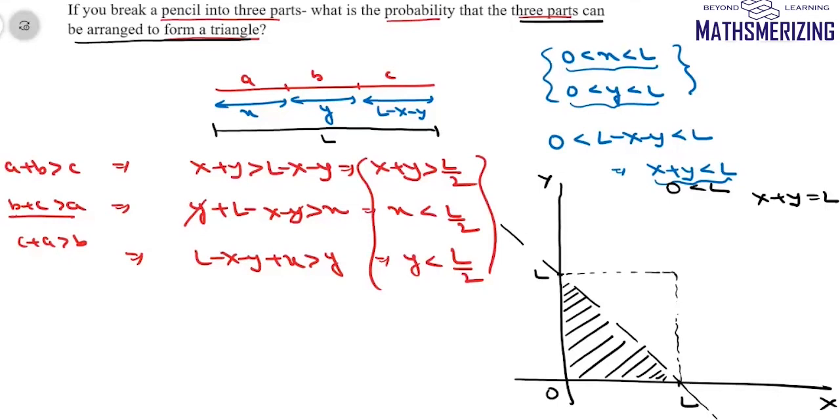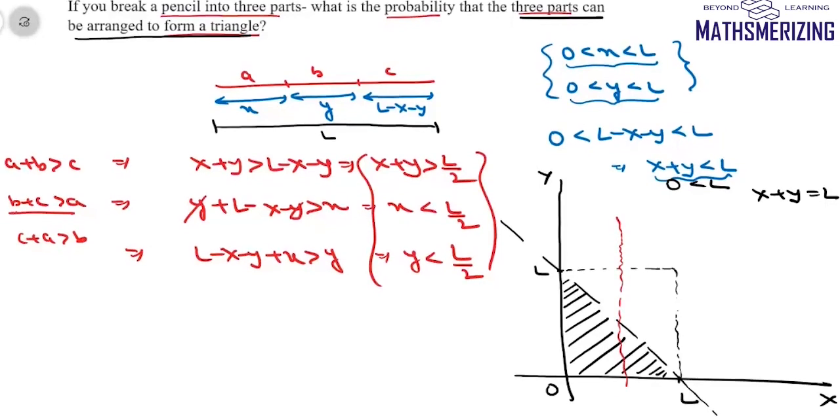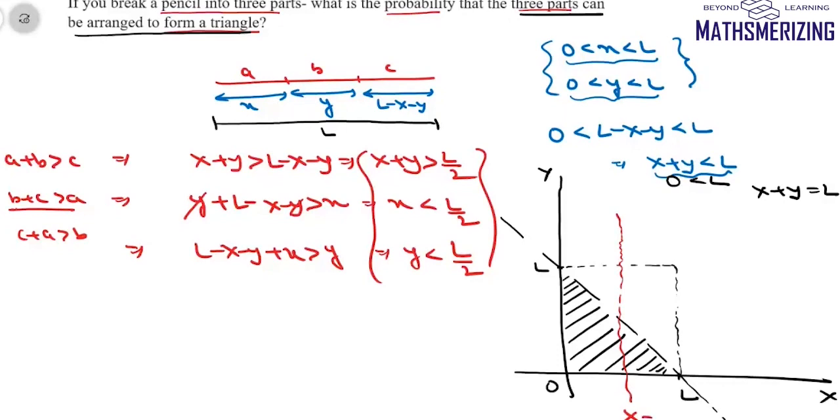So I'll take x as L by 2. So this is x equals L by 2, and then I'll also have y equals L by 2. So here x should be less than L by 2 and y should also be less than L by 2. So we have this square, and now this third condition is x plus y should be greater than L by 2. So first I'll draw this line, which is x plus y equals L by 2. Now this point is L by 2 comma 0. This is 0 comma L by 2. So I'll draw this line.